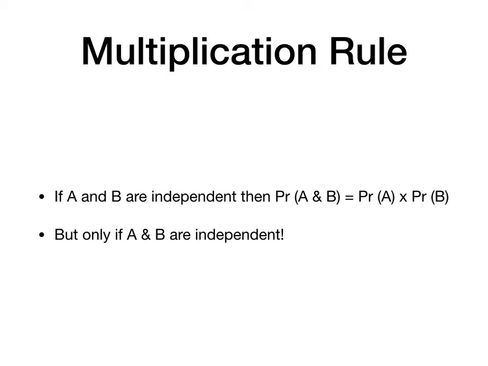If A and B are independent, but only if A and B are independent, then the probability that A and B equals the probability of A times the probability of B. Only if the truth of A tells you nothing about how probable it is that B is true, and vice versa.